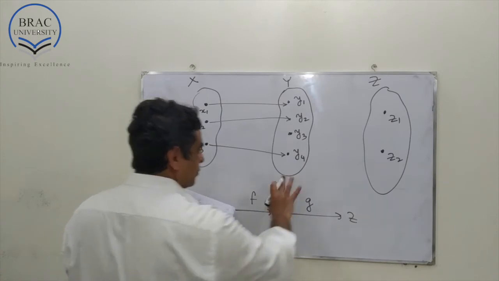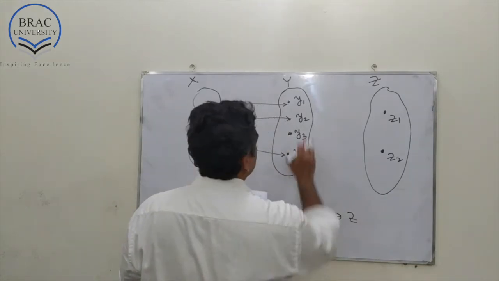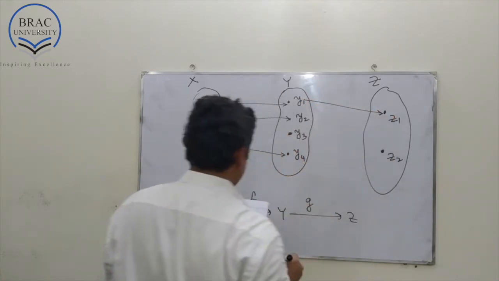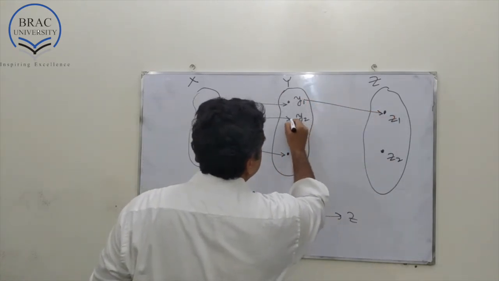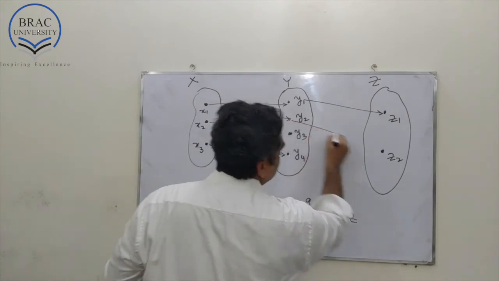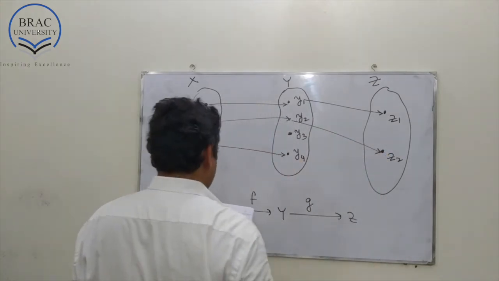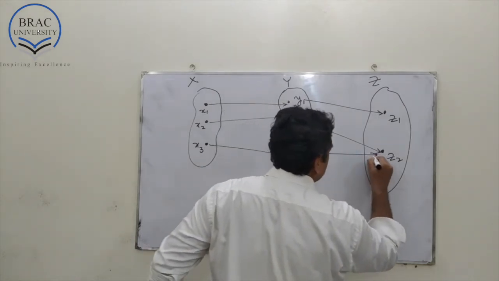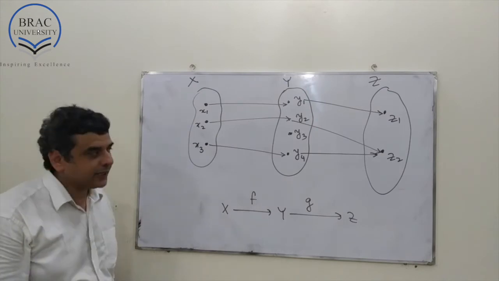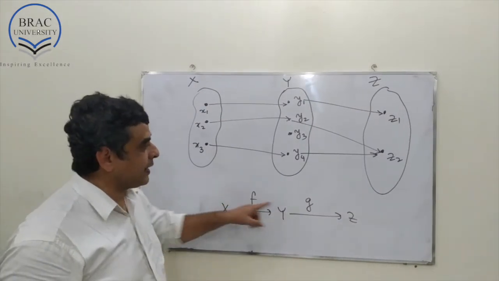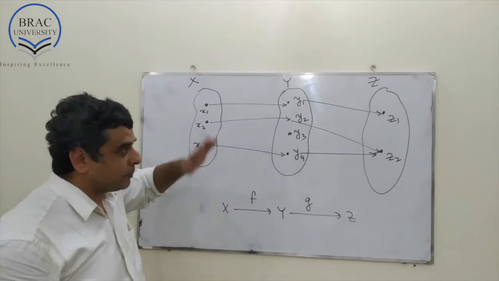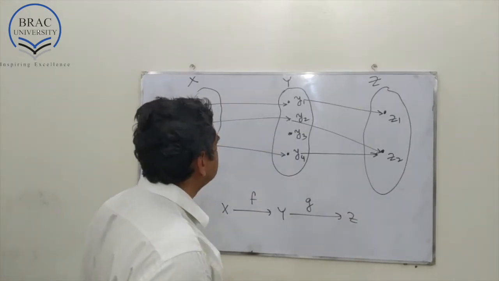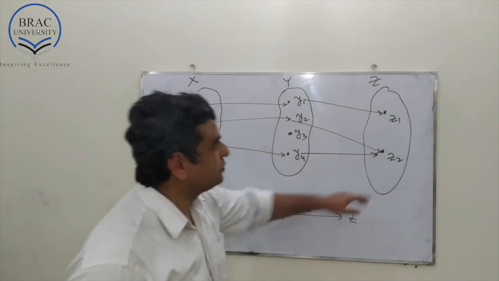Whereas for the function g, Y1 is mapped to Z1, Y2 is mapped to Z2, and Y4 is mapped to Z2 as well. We can check separately that f and g satisfy all the basic properties of a function.